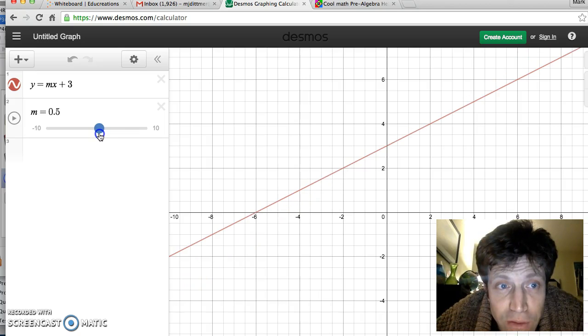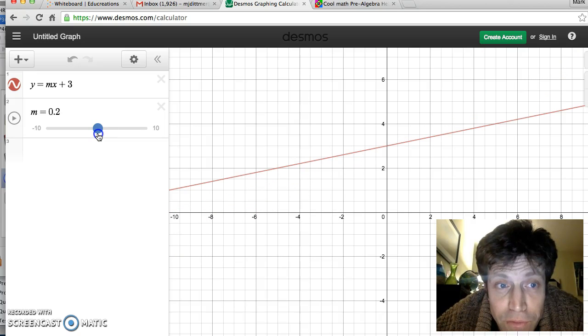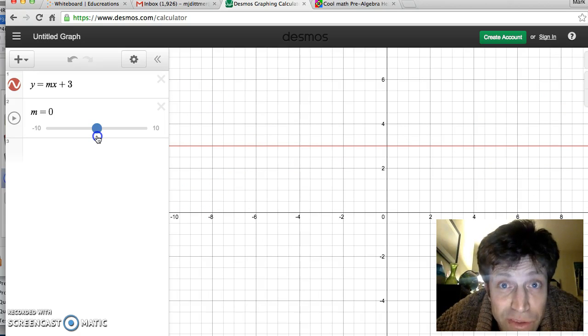It's 1/2 right there, up 1 over 2, up 1 over 2. And it's getting closer to 1/3, 1/5, up 1 over 5, up 1 over 10, and then at 0, it's totally flat. That's just y equals 3 if you think about it. y equals 0x plus 3, and there's no slope whatsoever.